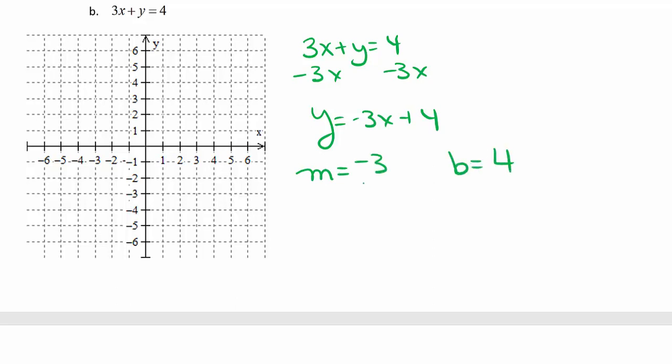Now this is actually a negative 3 over 1. So I'm going to start by plotting my y-intercept at 4, y equals 4, and then because the slope is negative 3 over positive 1, I would go down 3 over 1. Notice when you have a negative slope, the line should be decreasing or going down, whereas when you have a positive slope, the line is going to be increasing or going up.